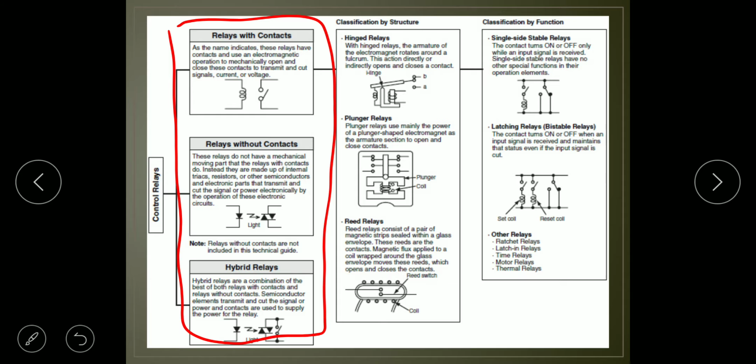Thus the normally open contact now becomes closed, and the normally closed contact now becomes open when the relay coil is energized. The current carrying capacity of the coil is low, a few milliamperes, but the current rating and the voltage rating of the contacts is much higher, typically 230 volts, 5 ampere.